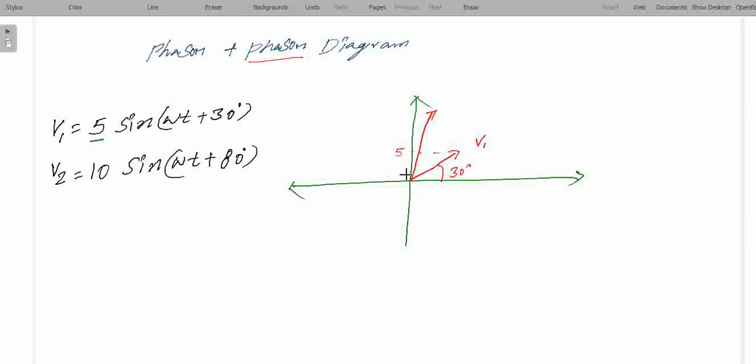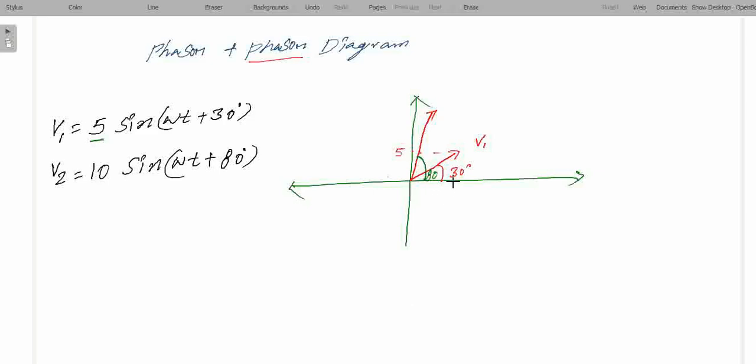This is the length of the vector. If you observe, for V1 the peak value is 5 and for V2 the peak value is 10, so the length of the vector has changed. And its angle is 80 degrees, so it is making an angle of 80 degrees.